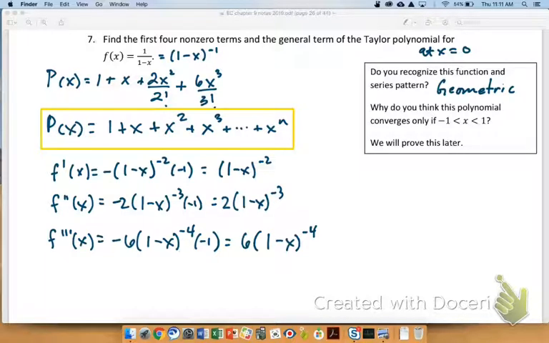And notice, let me see if I can illuminate this a little bit better. If I wrote this, would this be a little more clear? If I just use the letter R, what would the letter R stand for?